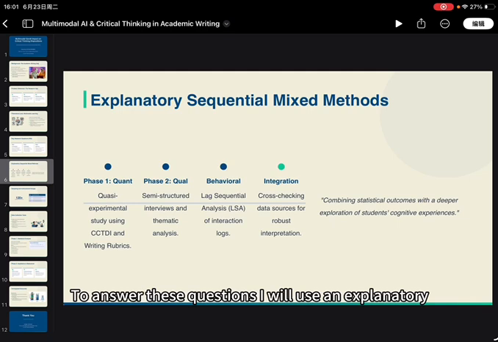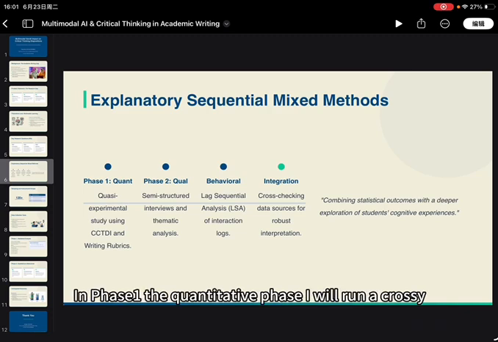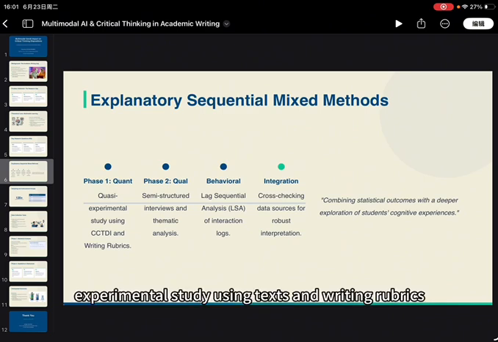To answer these questions, I will use an explanatory sequential mixed method design. This research has two main phases. In phase 1, the quantitative phase, I will run a quasi-experimental study using tests and writing rubrics.